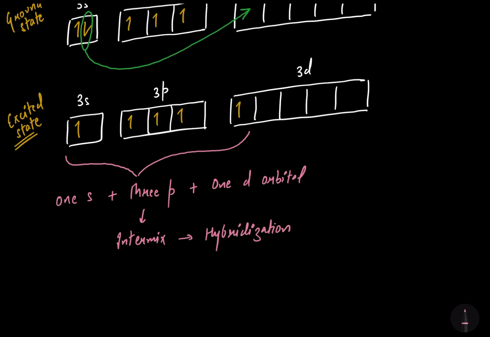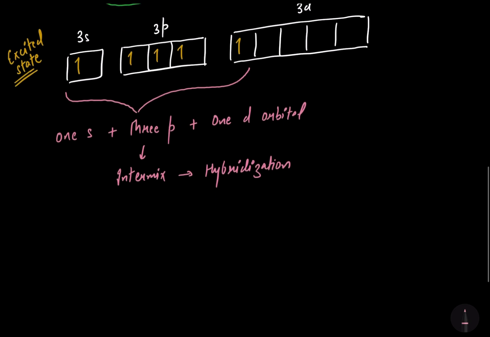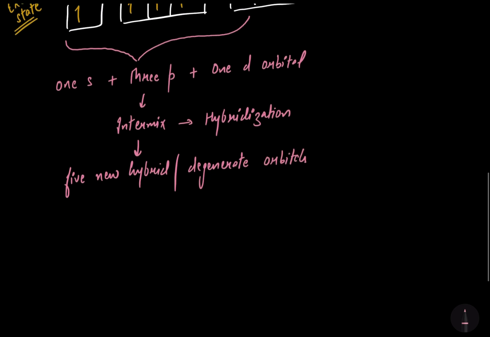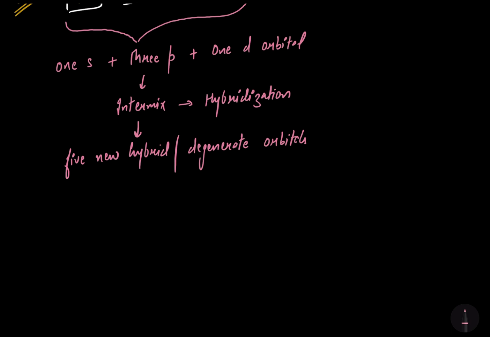So here in total 5 orbitals are intermixing, the 1 s, the 3 p and the 1 d. So we will get 5 new hybrid cum degenerate orbitals. That means all the new 5 hybrid orbitals will have equal energies. So let's make those 5 new hybrid orbitals.